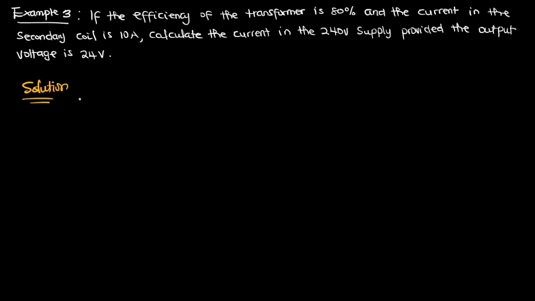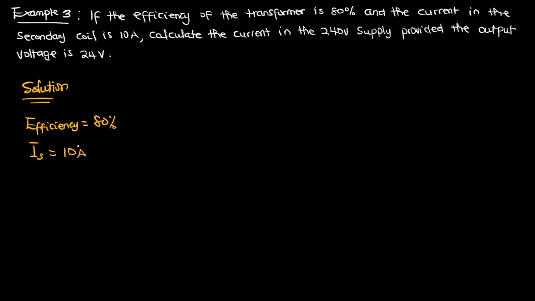They said that the efficiency of the transformer is 80%. And then the current in the secondary coil is 10 amperes.